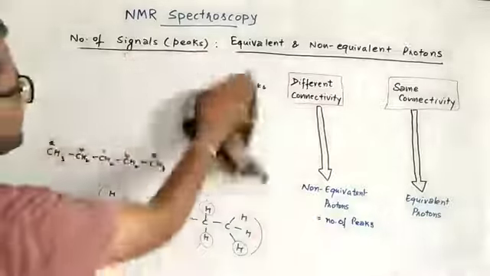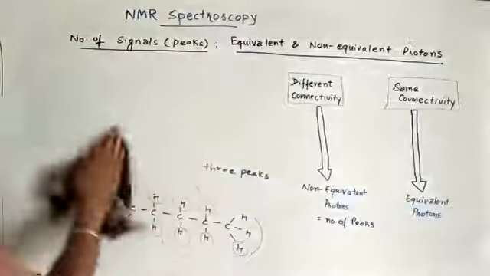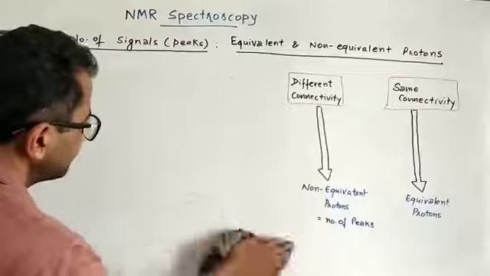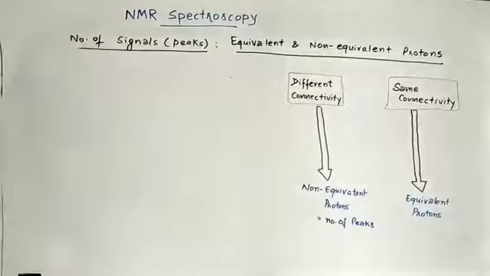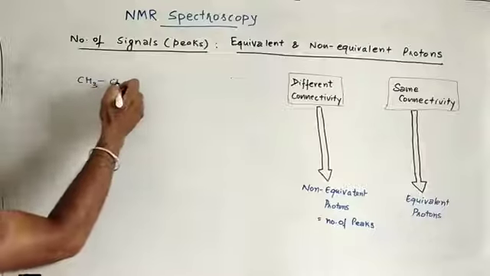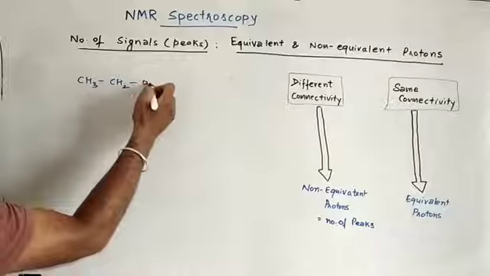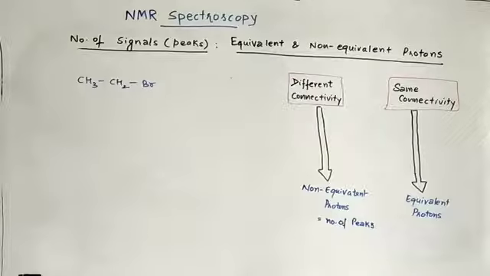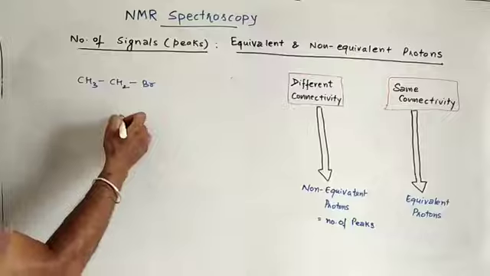Next example. If we take CH3, CH2Br, how many types of protons are there? Ethyl bromide. Open the structure.